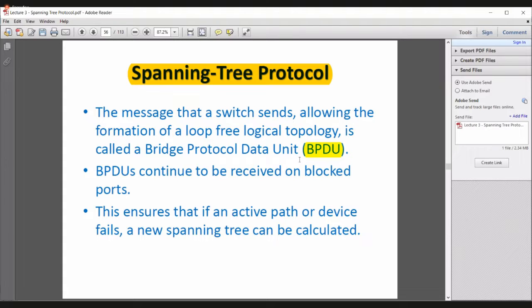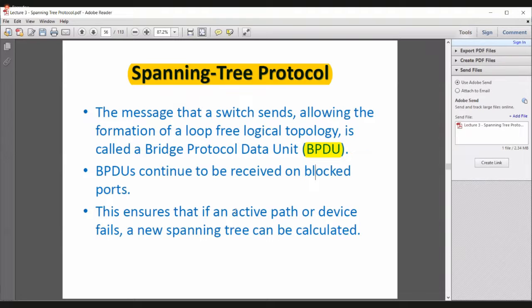So BPDUs continue to be received on blocked ports, right? Such traffic is accepted.